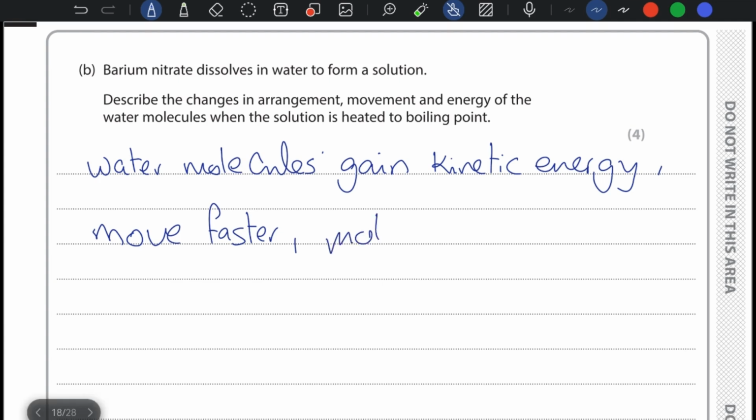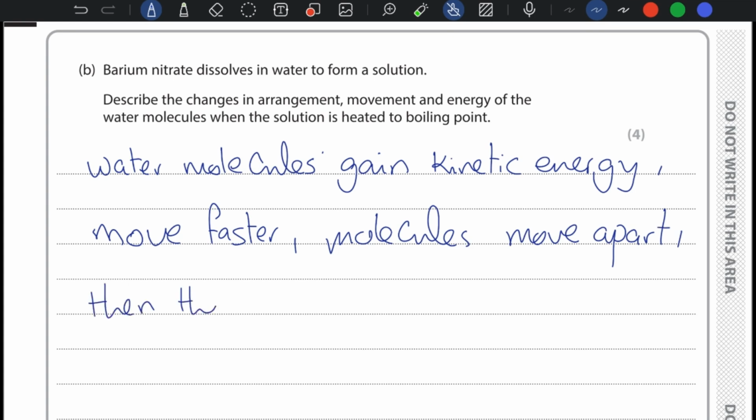Molecules become farther apart, move apart. Then the water molecules escape to form a gas.